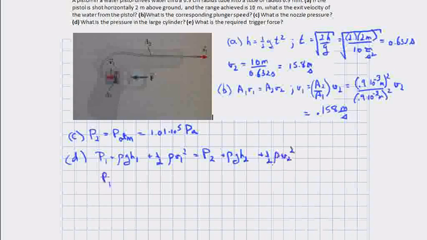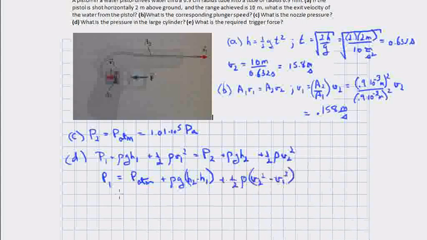So P1 is equal to P2, which is P atmospheric, plus rho g (h2 minus h1) plus 1/2 rho (v2 squared minus v1 squared).